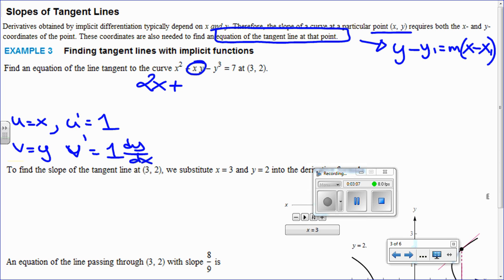So to derive the xy, x times y, we'll use the product rule, so we can take u times v prime, so I'm using this one, and then plus v times u prime, which is just 1.